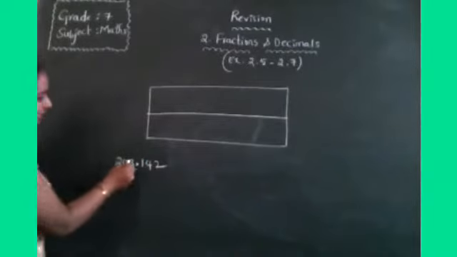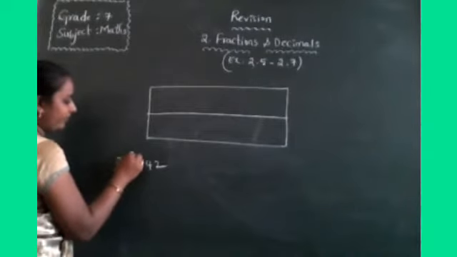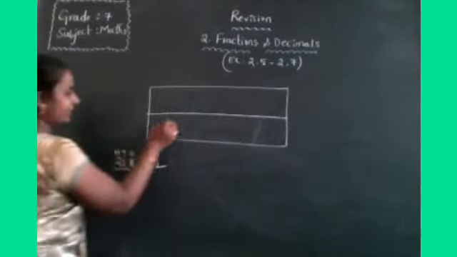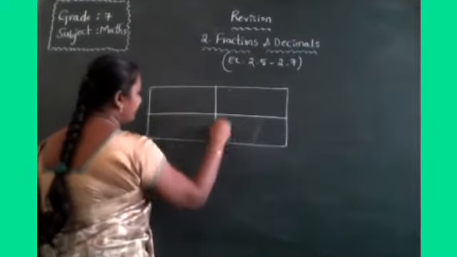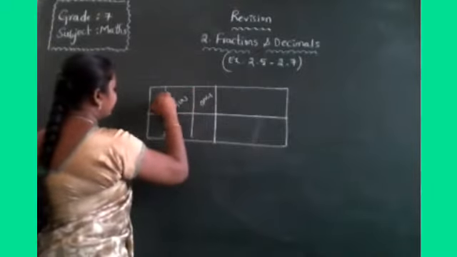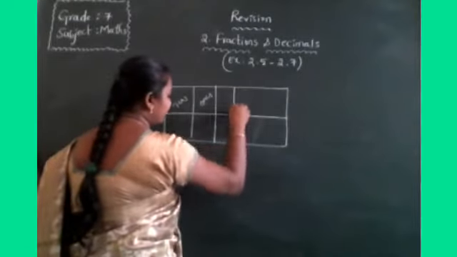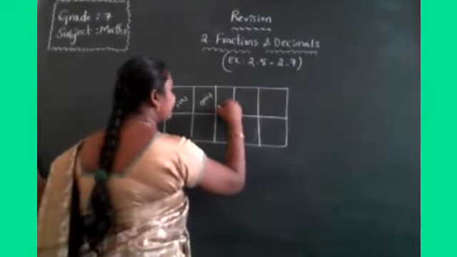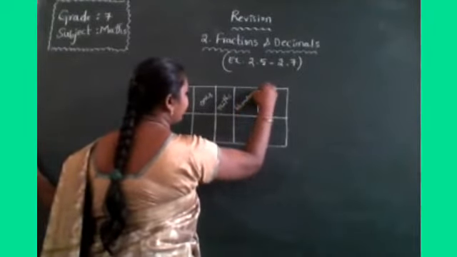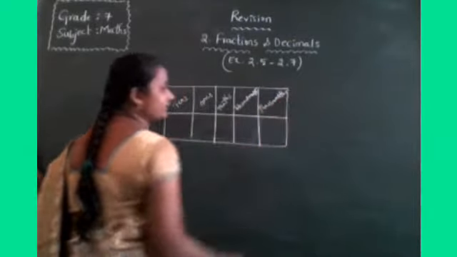Before the point, the three place values are ones, tens, hundreds. Here you have to remember: ones, tens, hundreds. After the point, the place values are tenths, hundredths, and thousandths.